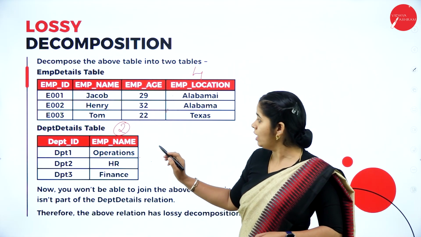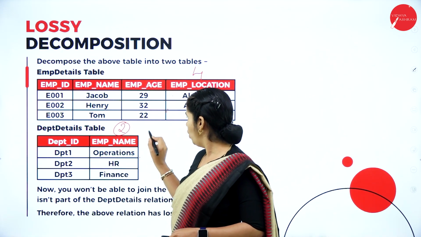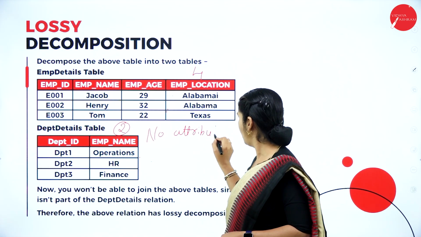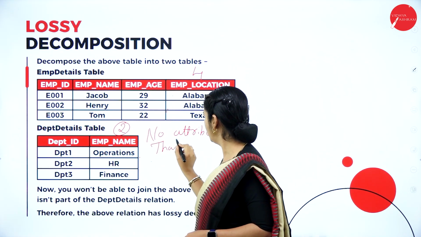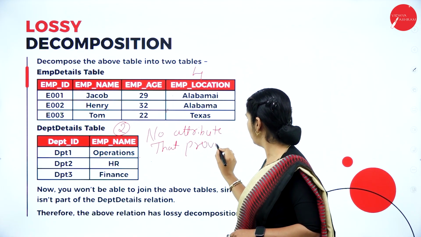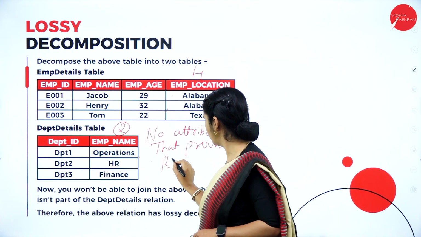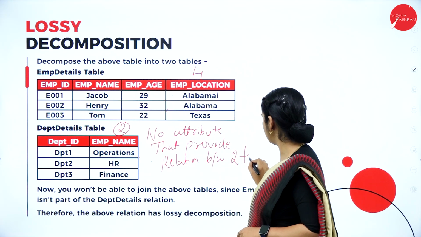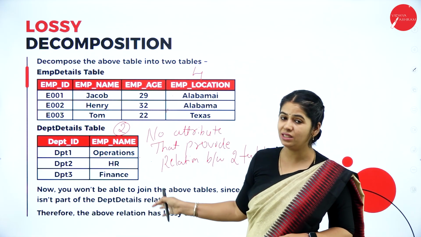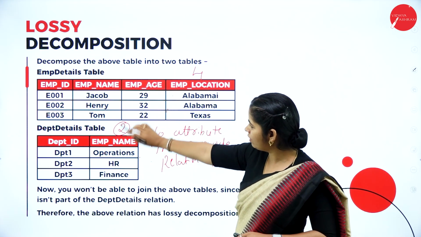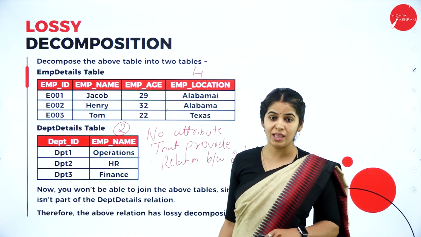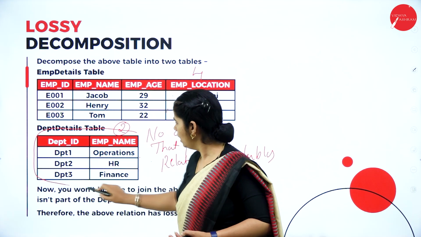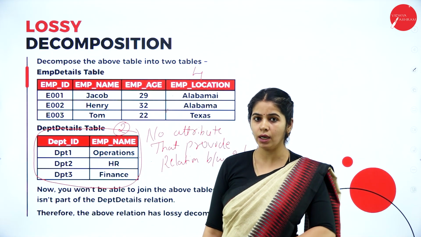There is no common attribute that provides a relation between the 2 tables, because nowhere can we relate these 2 tables. So we are saying that this is a loss of data. This data is completely lost, so it is called lossy decomposition.